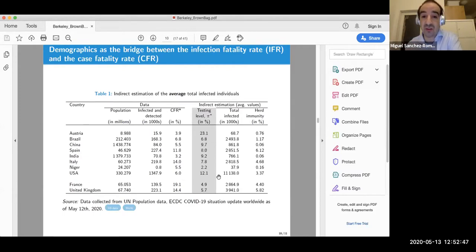If we move to the US, it's around 12%, which is above the values for the critical and severe, but is not reaching the level of testing of Austria.